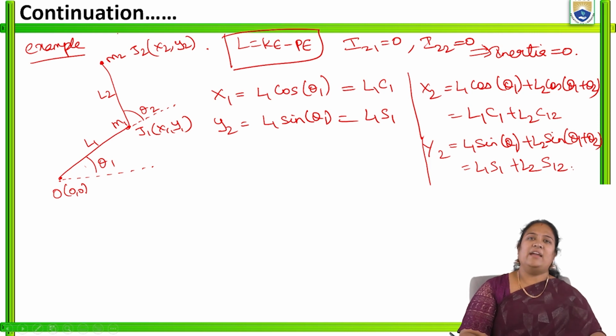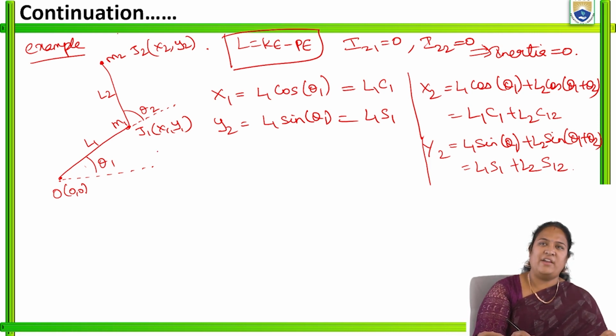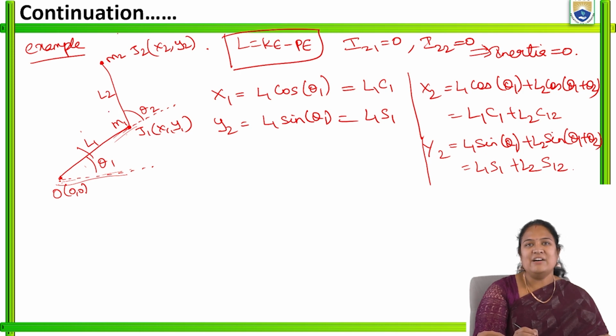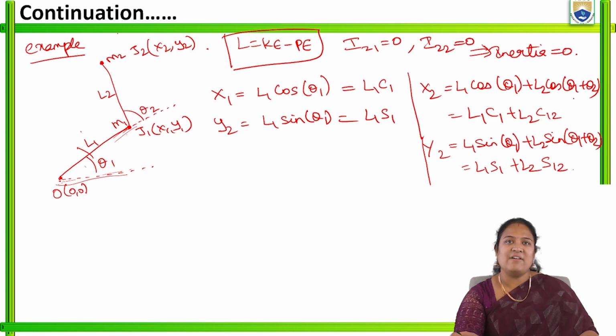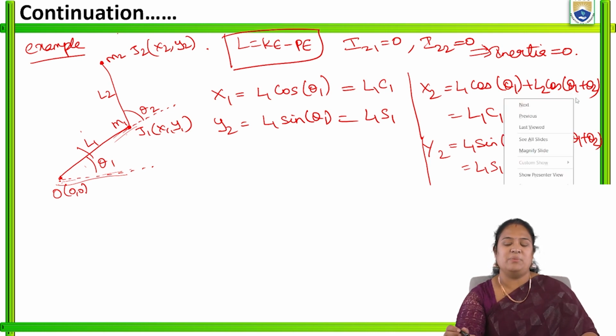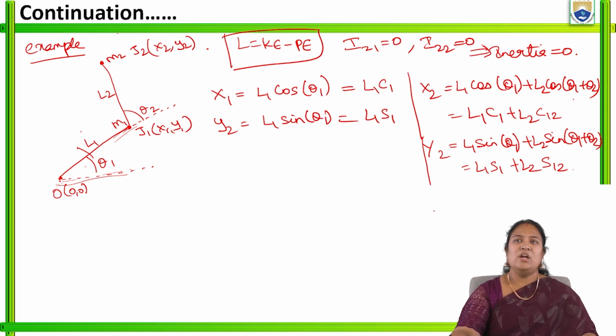So when we take the positions x1, y1 and x2, y2 based upon this particular equation, x1 is L1 cos theta 1, and y1 is L1 sin theta 1, since it is rotating. And x2 here is the combination of link 1 and link 2, so L1 cos theta 1 plus L2 cos of theta 1 plus theta 2, as the rotation of the manipulator takes place with respect to the two angles.